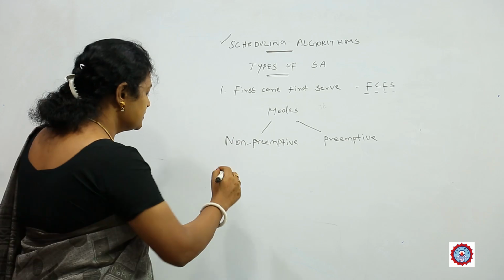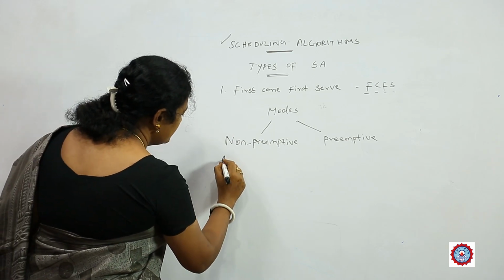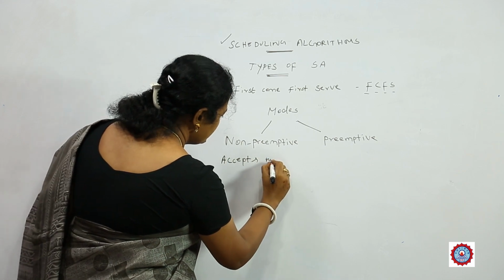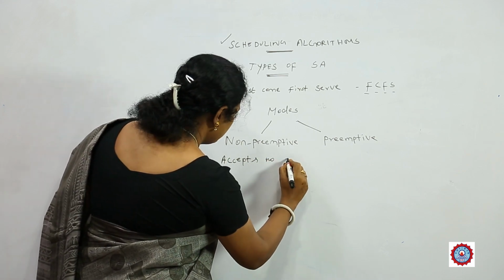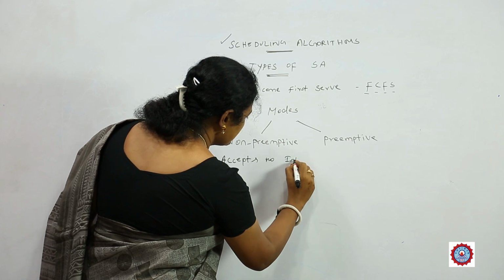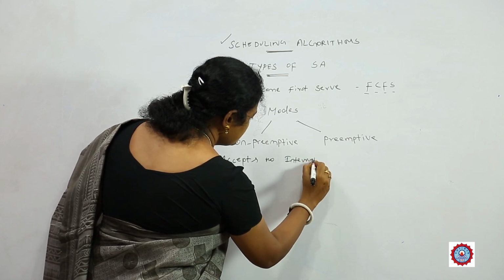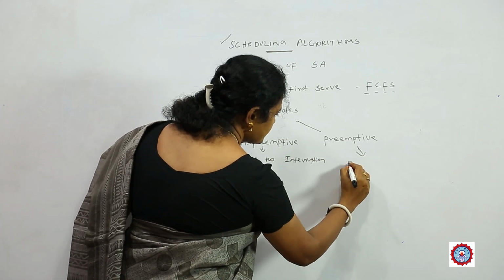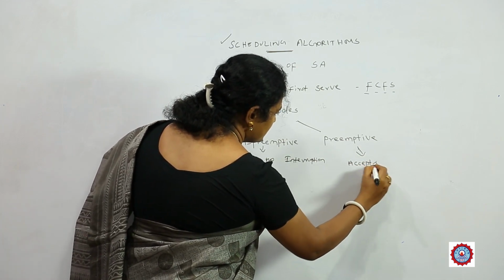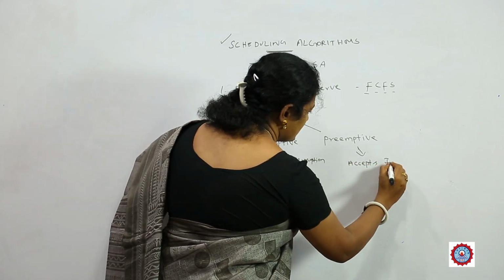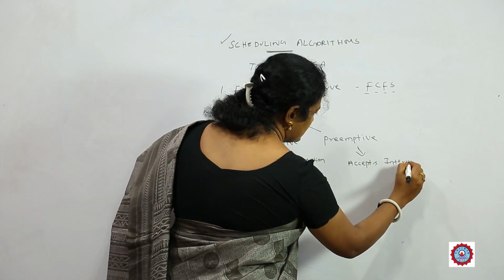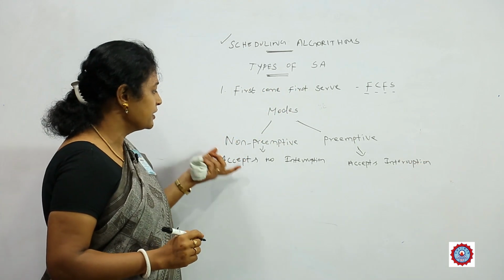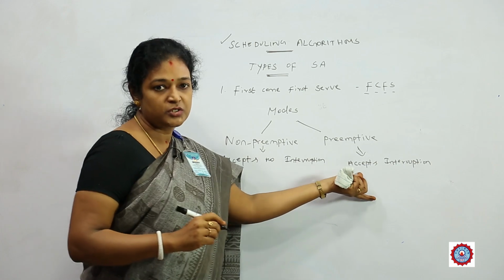Non-preemptive means that it accepts no interruption. It's very simple to say that it accepts no interruption, and preemptive accepts interruption. You may ask, ma'am, what do you mean by accepts no interruption and accepts interruption?